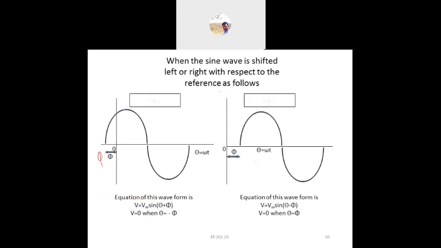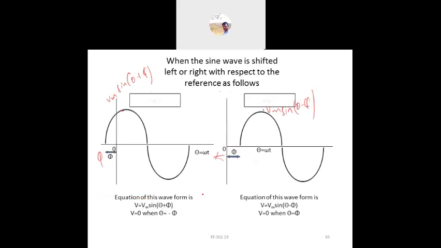At this point we can say Vm sin(θ plus α). Here it is the same value, but the difference will be different. Here you can see Vm sin(θ minus α), that is a 0 value. So negative and positive will be different.